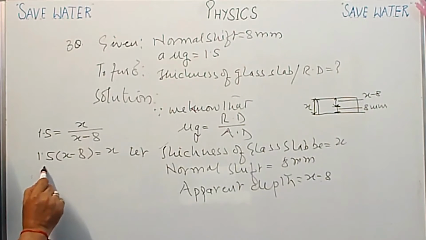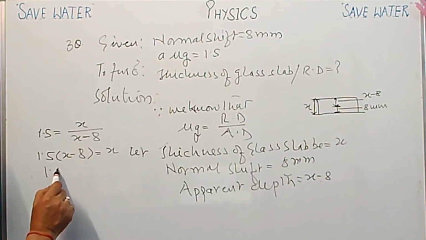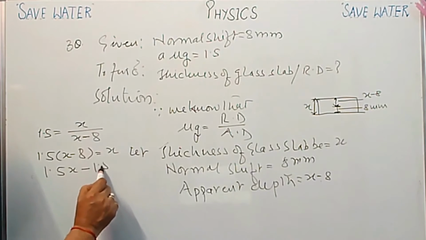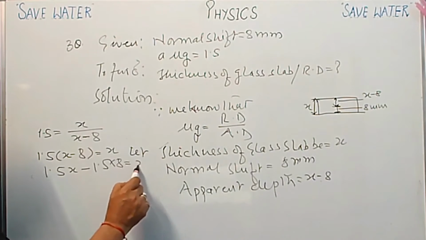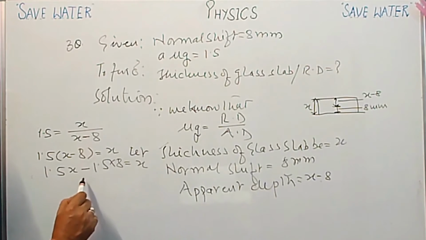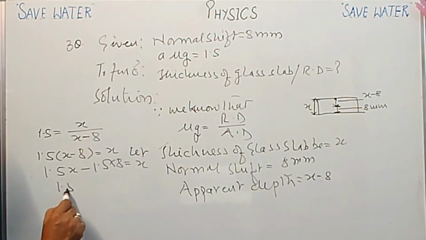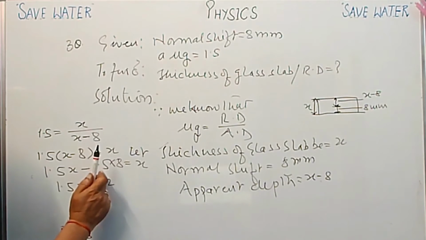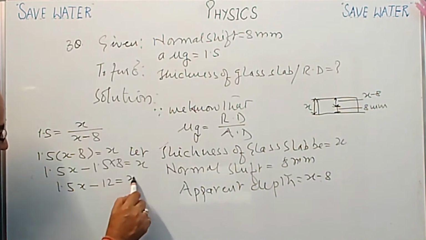And here when we multiply, this becomes 1.5x minus 1.5 into 8 is equal to x. And here how much will it be? Yes. So it will be 1.5x minus 12, because 15 8s are 120 and the point is after 1 digit, 0 gone. It is x.